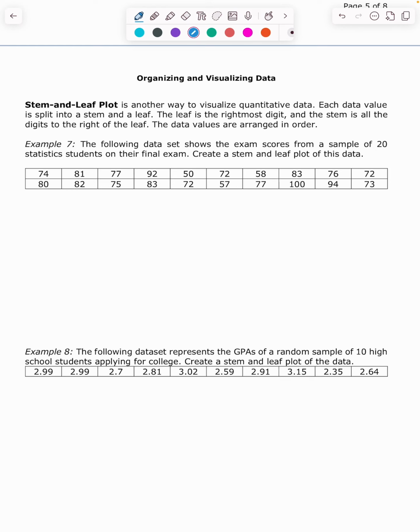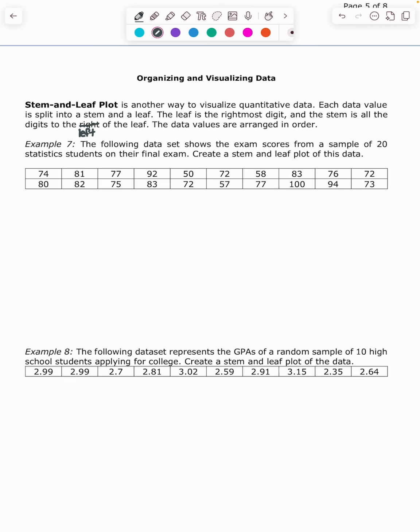The leaf is the rightmost digit, and then the stem is any other digits to the left of the leaf. And then we arrange the data values in order. So we're going to do this with 2 different examples. The first example is a little more straightforward, and then the second example is a little more complex.